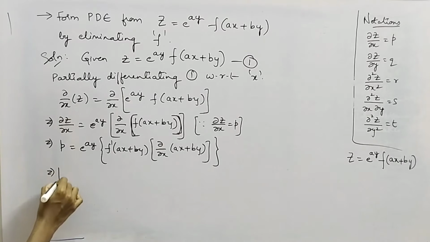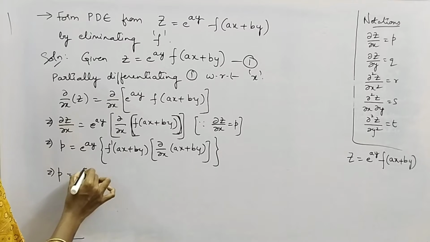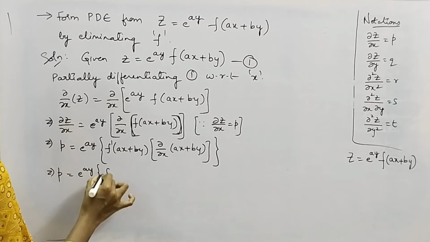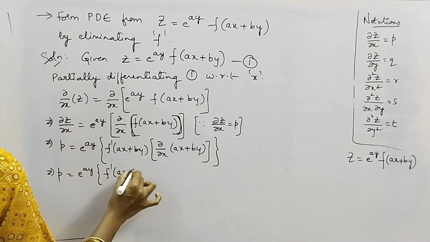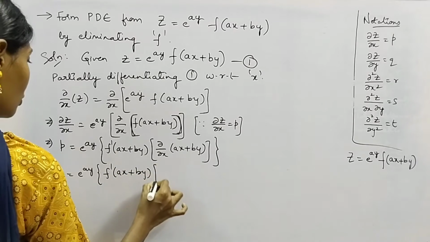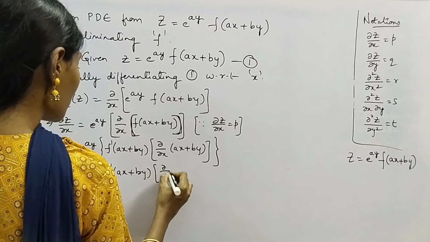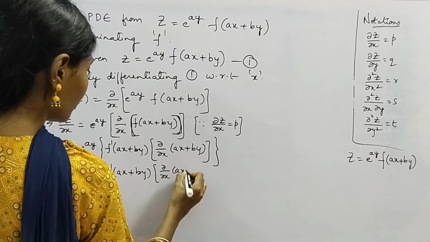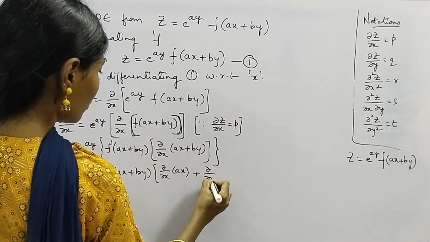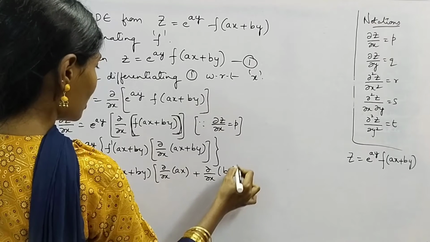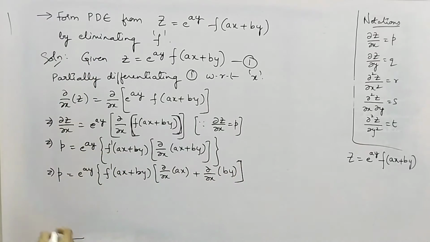This gives us p equal to e power ay into f dash of ax plus by into the partial derivative of the first term plus the partial derivative of the second term, right?